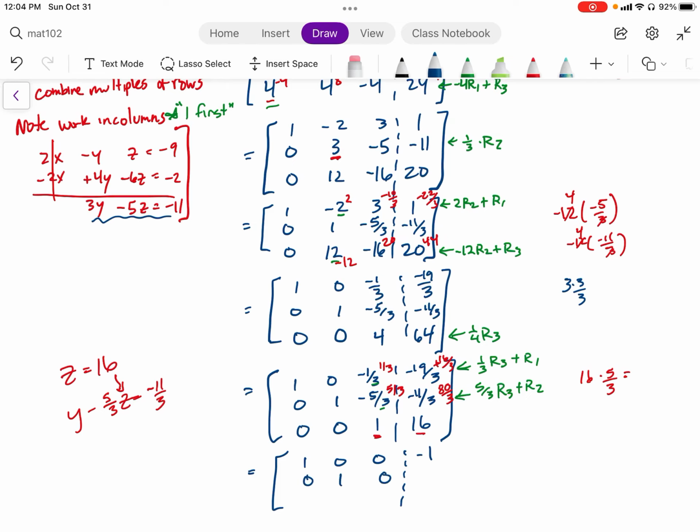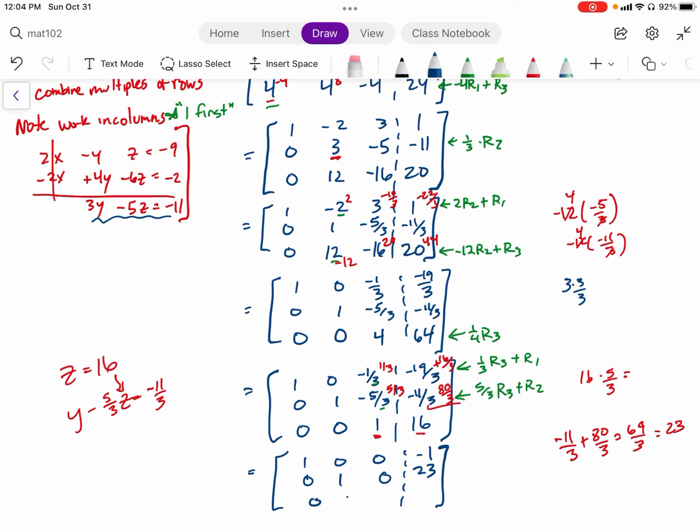Oh, 80 minus 11 is 69 thirds, which is 23. Okay, so just as a reference, all I was doing is adding these, negative 11 thirds plus 80 thirds, 69 thirds, which is division, and you get 23.